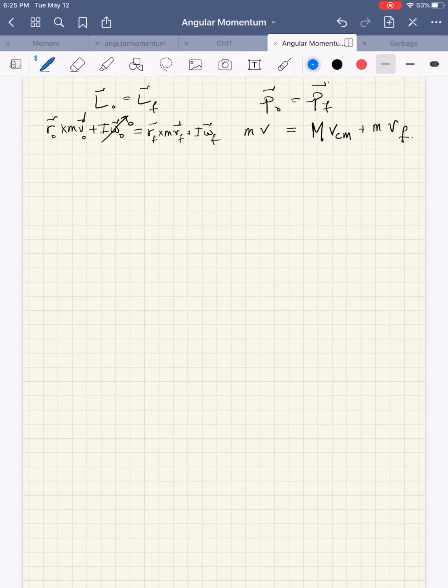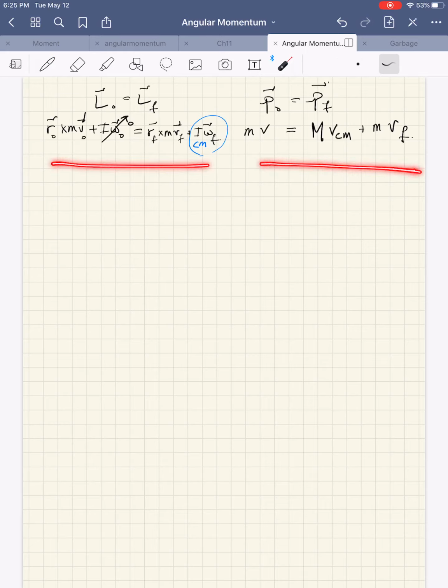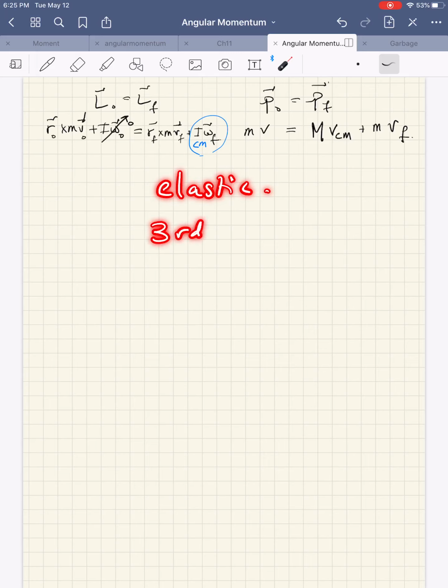And in particular, I'm rotating about the center of mass, and that will always be the case of this object. And so I get one more equation that I can use. So you should look at that example in your book. It also tells you that it's an elastic collision, so it gives you a third equation to use. And it takes you through a whole analysis.